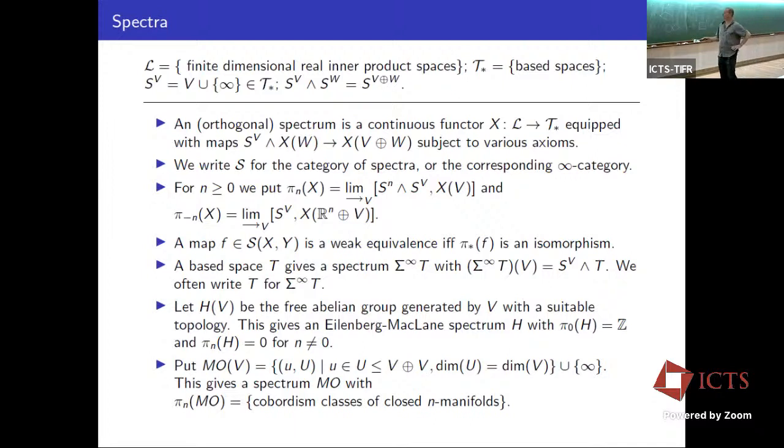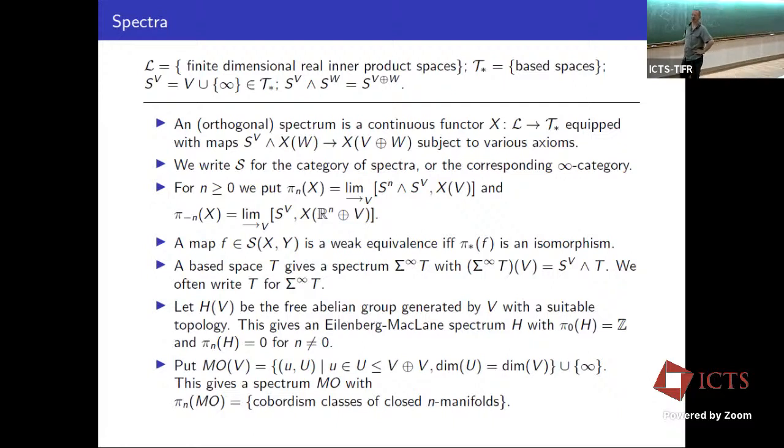So I want to define MO of V. That's the set of pairs little u comma big U, where big U is a subspace of V plus V, and it's going to have the same dimension as V. So it's a middle dimensional subspace of V plus V. Little u is going to be an element of big U. The thing in these curly brackets is a locally compact Hausdorff space, a manifold even, and then I'm going to just take the one-point compactification. So this is MO of V.